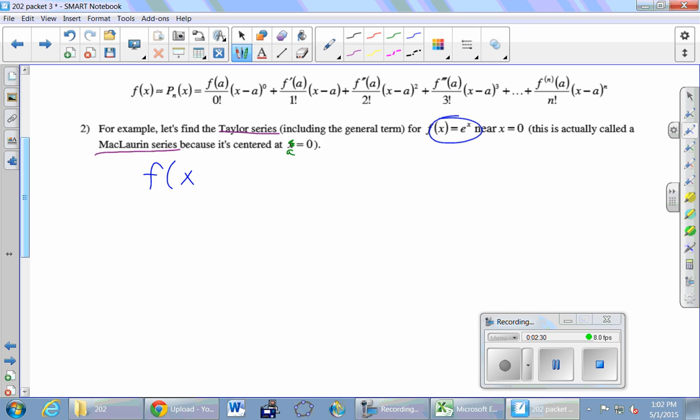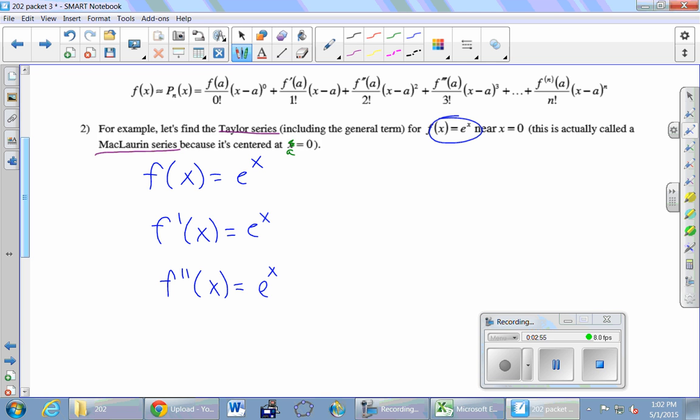So we're going to do some stuff that's quite similar to what we did last time. We're going to list a few derivatives here. What's the first derivative? e to the x. Second derivative, e to the x. So you list enough until you get the pattern. I'm content that we have the pattern.